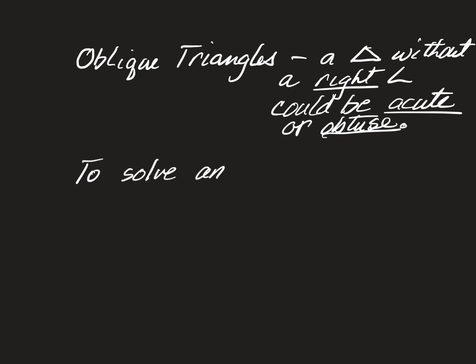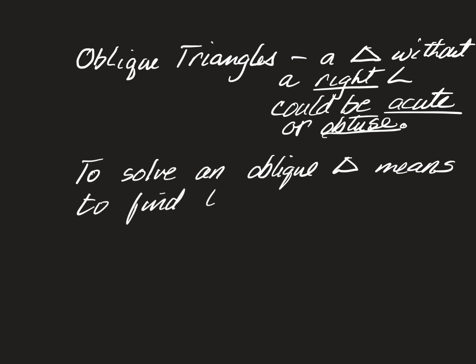Now, to solve an oblique triangle means that you're going to find the missing angles and the missing sides, all the measurements of those. All right?